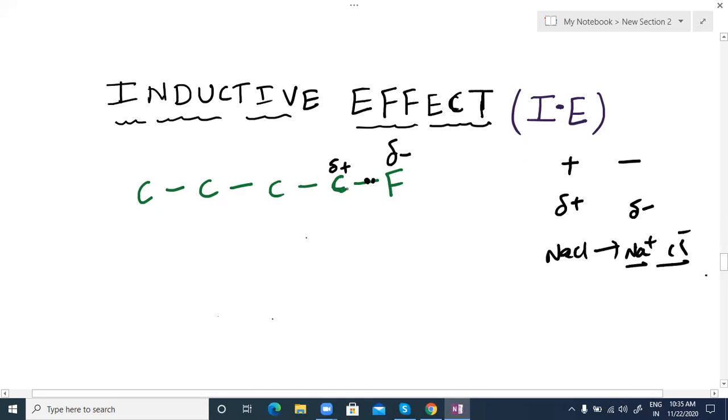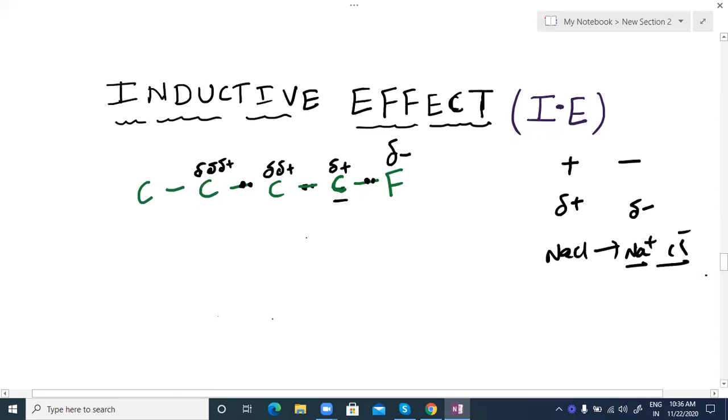Whenever this carbon gets a positive character, it has electron deficiency. Whenever electron deficiency is there, it can pull the next bonding electrons towards itself, which is why I write delta positive. The next carbon also gets a positive character and automatically pulls electrons towards itself, so we get delta positive again. But the more positive character is present at the first carbon, because it is directly attached to the more electronegative atom.